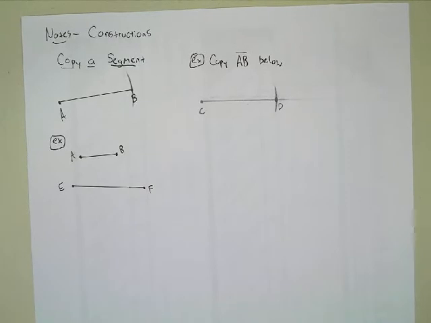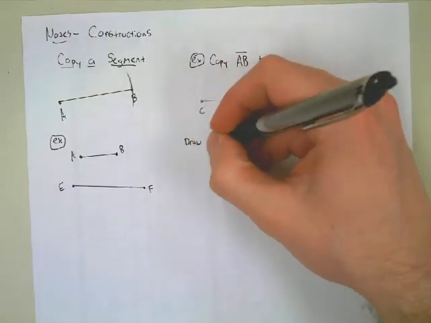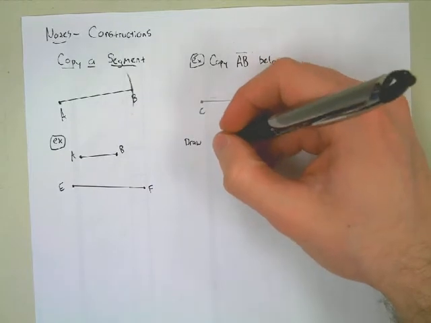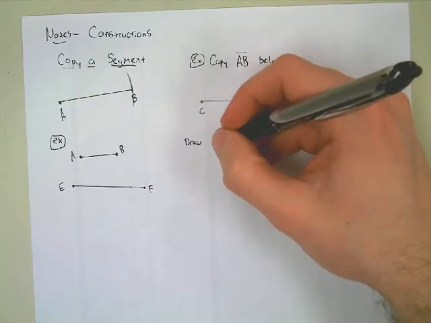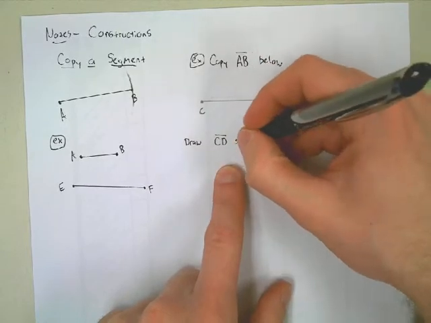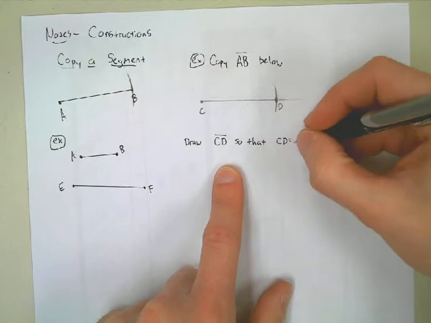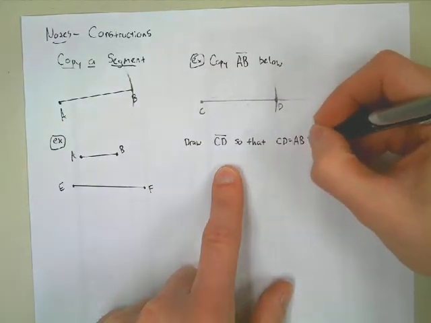All right, and here's what I'm going to have us do. I want us to draw, and we'll call this next segment, I don't know, we'll call it segment CD. Draw segment CD so that CD equals AB plus EF.